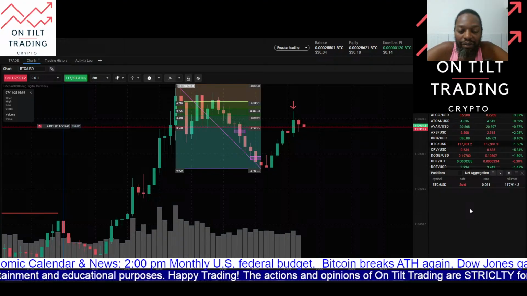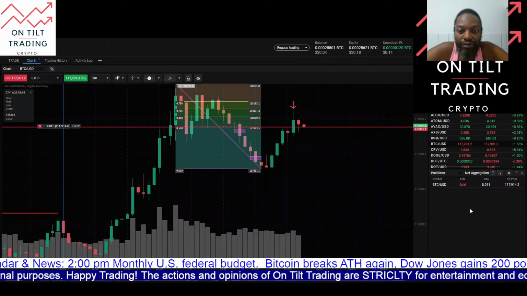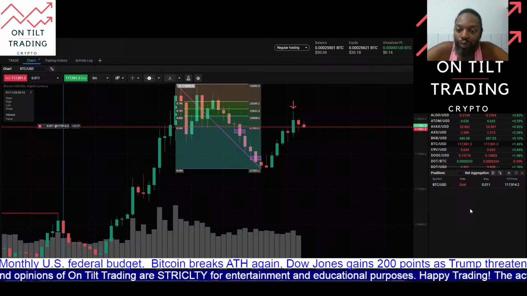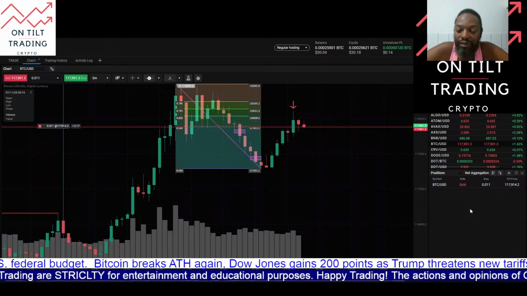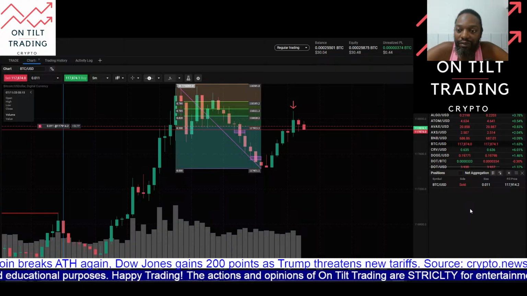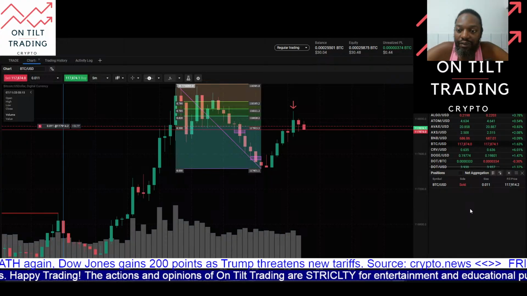So about a $5 risk and about a $5 reward. So a 1-to-1 risk to reward ratio on this trade. More sell side delivery, 117,880.